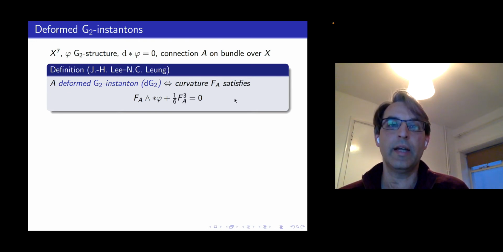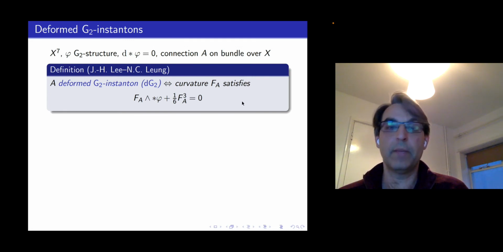You add in an extra higher order term, which is 1/6 the cube of the curvature. So what does this cube mean? It means that I cube the 3 form and I also take the third power of the endomorphism. And this makes sense because the cube of a 2 form is a 6 form, and so these two things can be equated to each other or combined in this way.